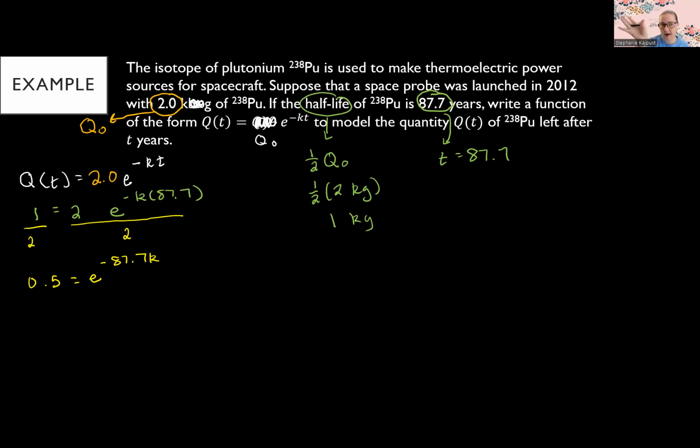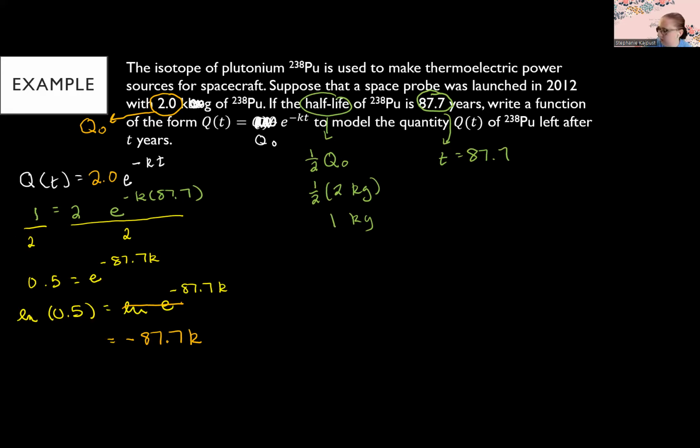Now we want to get k out of the exponent, so we need to take the natural log of both sides. So I'm going to have the natural log of 0.5 equals the natural log of e to the negative 87.7 k. And the natural log of e is just 1, so that cancels out. And so you get negative 87.7 k on the right.